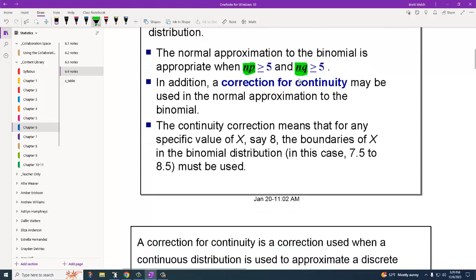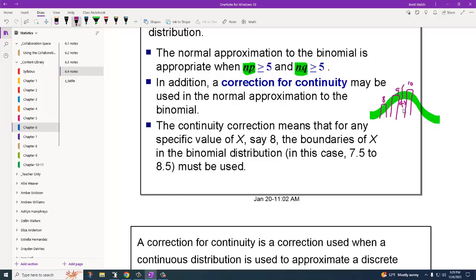Because normal distributions are a smooth bell curve that's continuous, but a binomial distribution would be broken up at, how many 8s were there? How many 9s were there? How many 10s were there? And because there's this gap between them, we have to take the data from the normal distribution and assign it to one of the two columns.